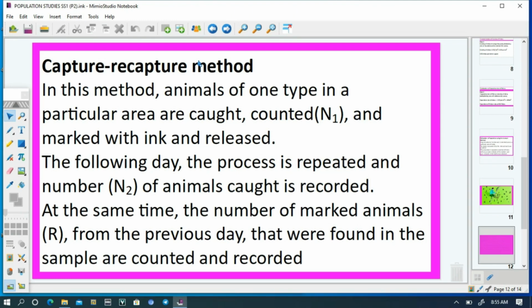The following day, the process is repeated, and that gives us N2, the number of animals caught, which is recorded. At the same time, the number of marked animals, designated R, from the previous day that we found in the sample are counted and recorded.